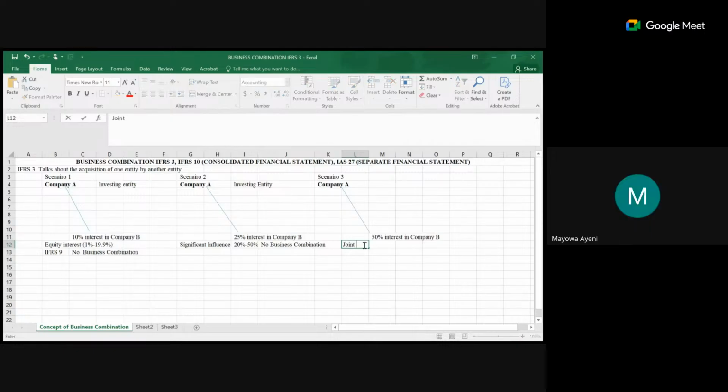We call this joint venture. Joint venture. Are we on the same page?